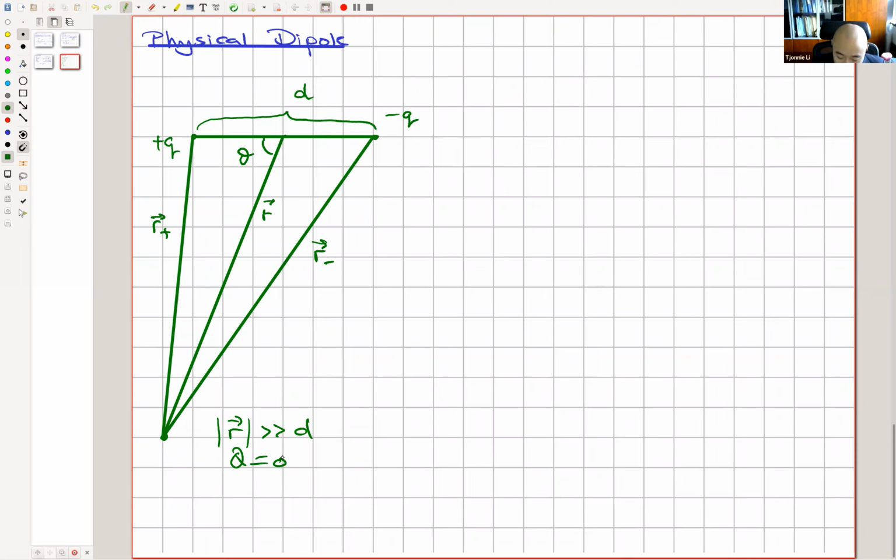Okay. Now, if I had to write down the potential of this system as a function of R, the question is, of course, this is a dipole. Consider a dipole. And now I'm asking phi as a function of R. Who can tell me what the potential is for the system anywhere as a function of R?